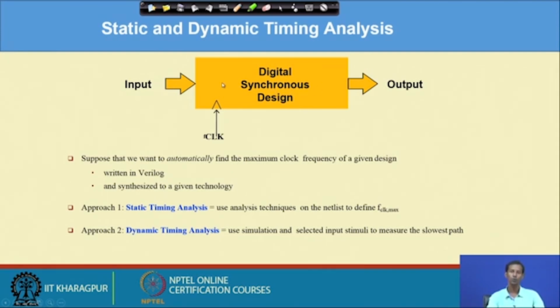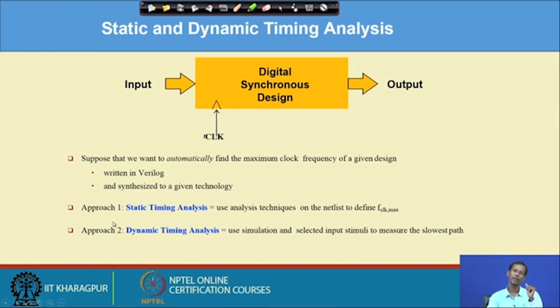Here we do a rough estimation based on the available information from the gate delays and net delays, which depends totally on the library. From the library I will get that information, and based on that I can calculate the timing requirement.